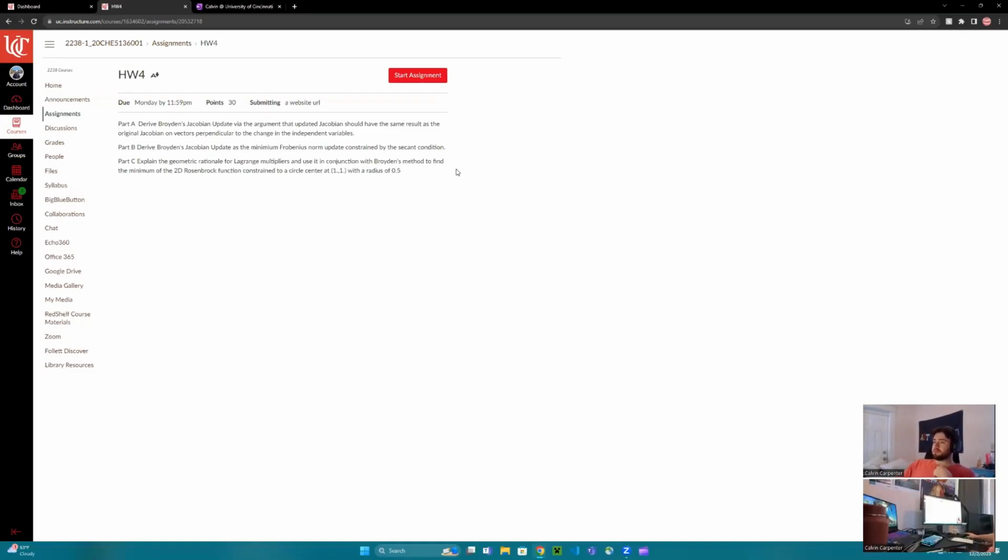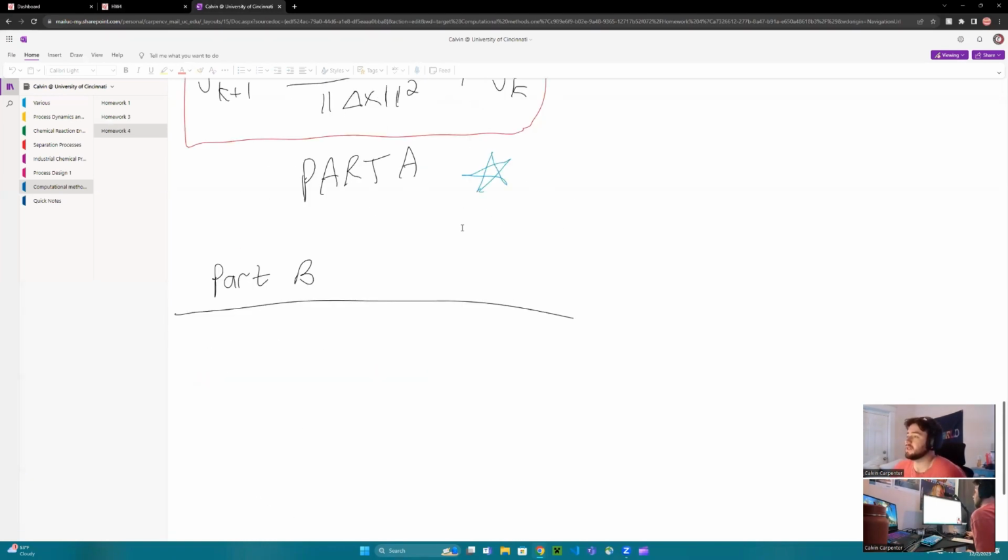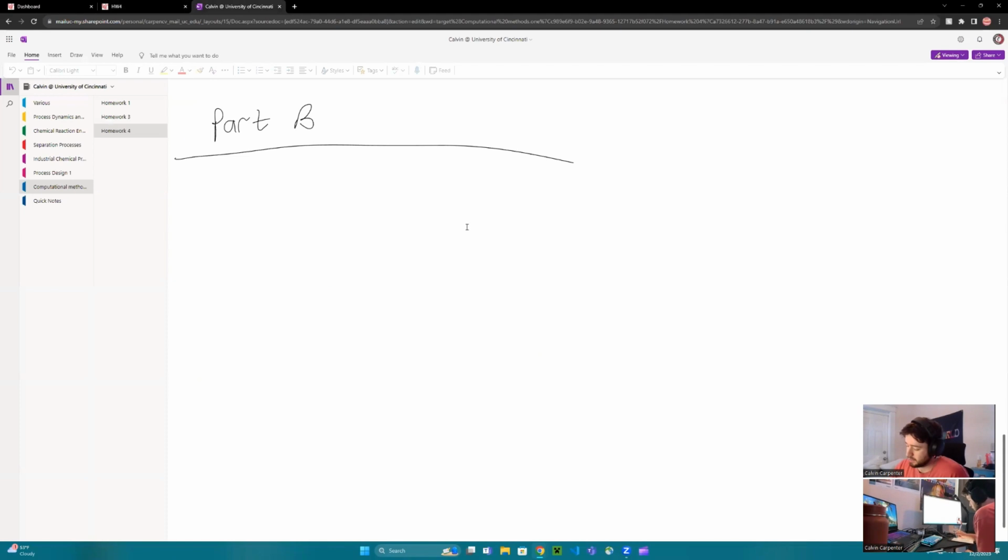All right, so we're back for part B, where we are going to derive Broyden's Jacobian update as the minimum Frobenius norm update constrained by the secant condition. So as previously derived, I think I remember what it was. We had f of k plus 1 is equal to J of k. This is for the updated Jacobian, by the way. J of k plus 1 times x of k plus 1 minus x of k plus f of k.